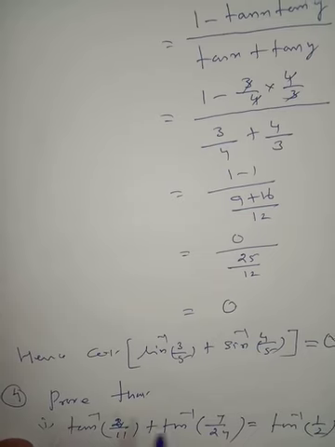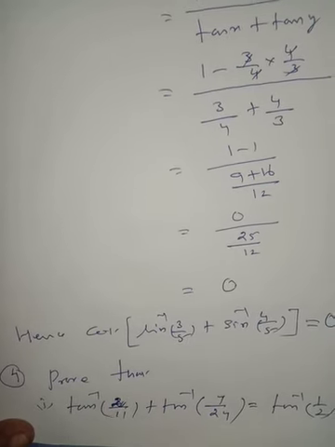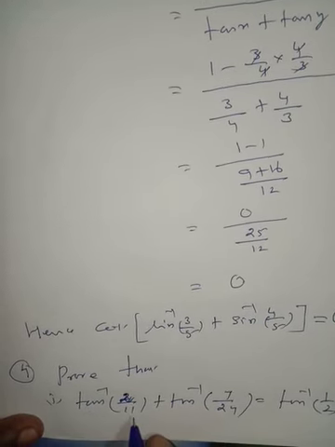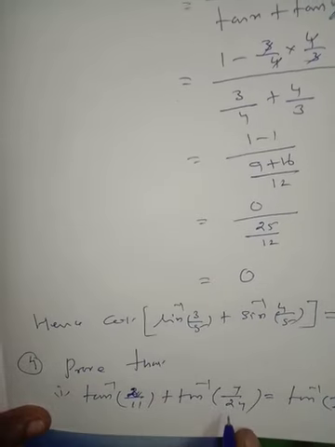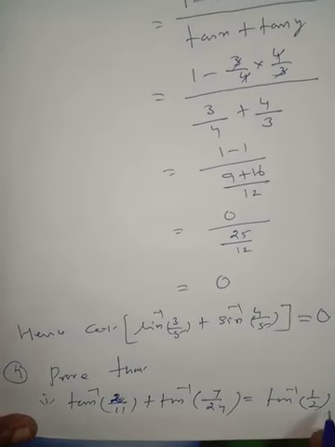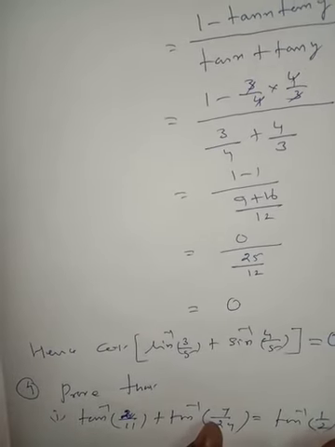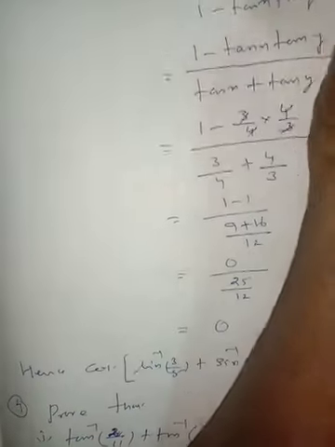Prove that tan inverse of 2 by 11 plus tan inverse of 7 by 24 is equal to tan inverse of 1 by 2. Take LHS to prove RHS.